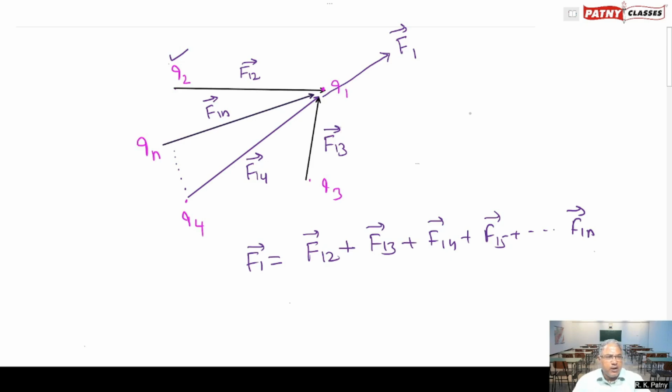Here I would like to clear one thing. The force between Q1 and Q2 is unaffected due to the presence of other charges.